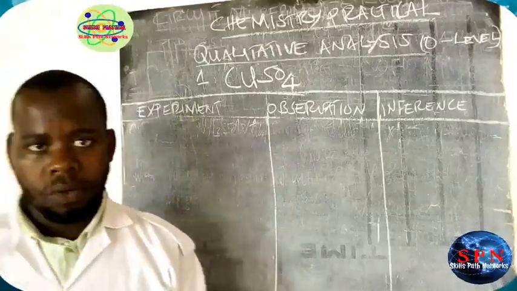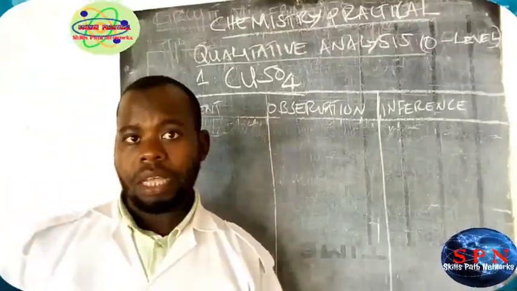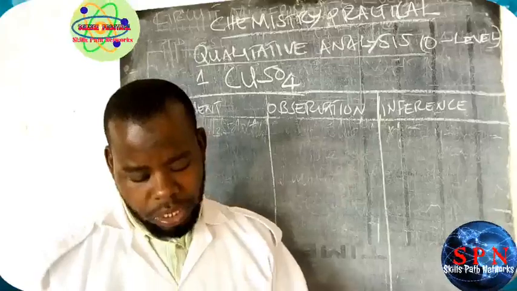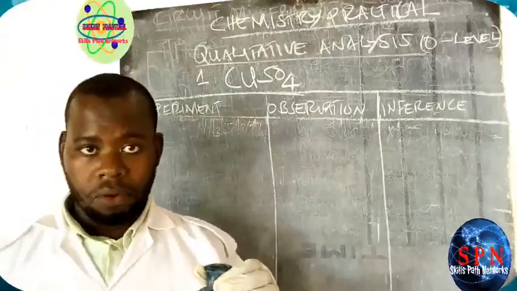The copper 2 ion is tested by using two reagents. The first is potassium ferrocyanide.